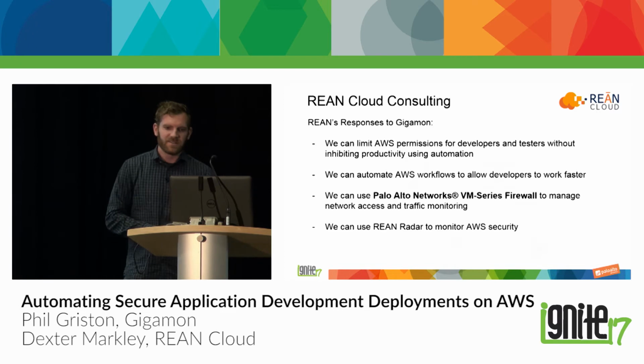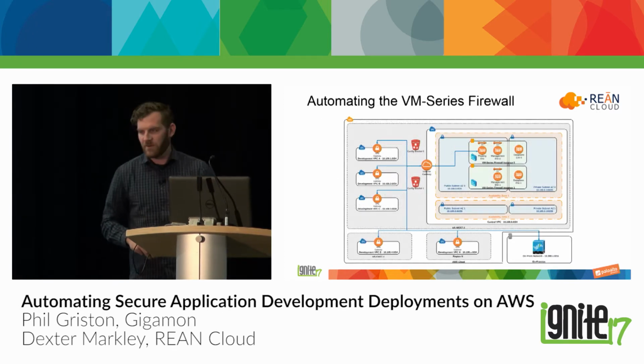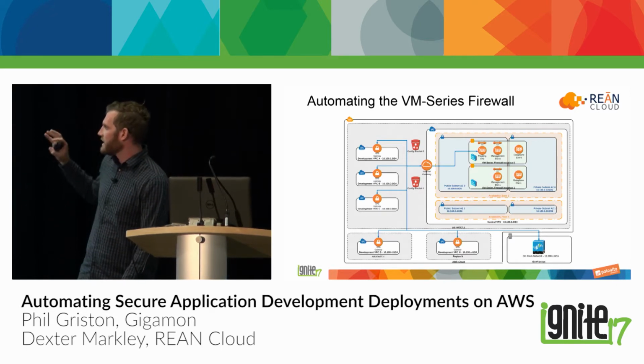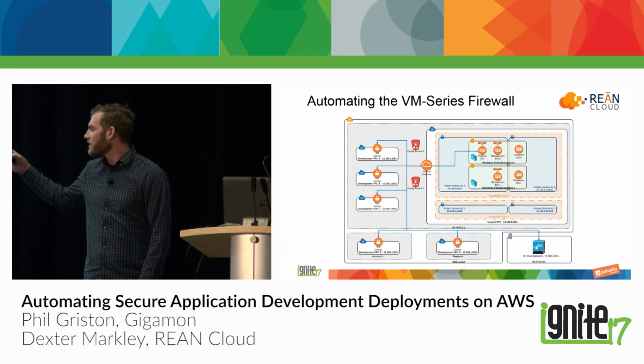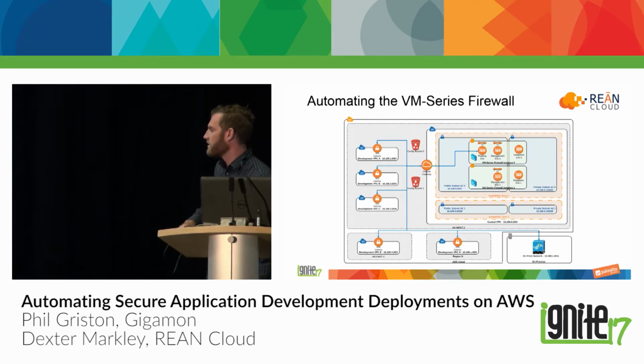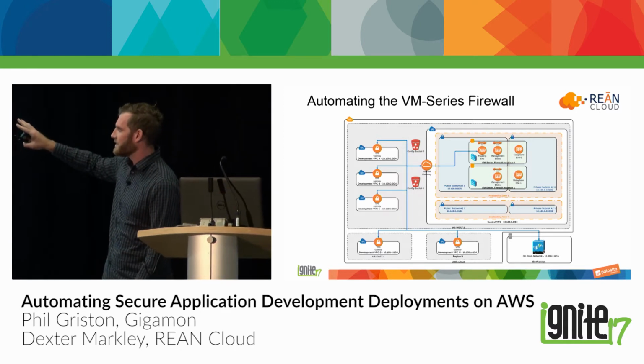So here it is. This is what we went ahead and built for Gigamon. We have a control VPC where we installed the VM Series firewall in HA. So you can see we built it in one availability zone in this scenario. If we have time, we'll talk a little bit more about that towards the end.